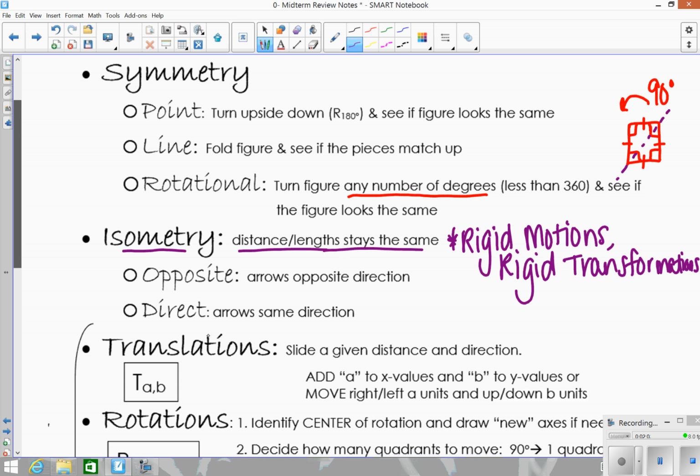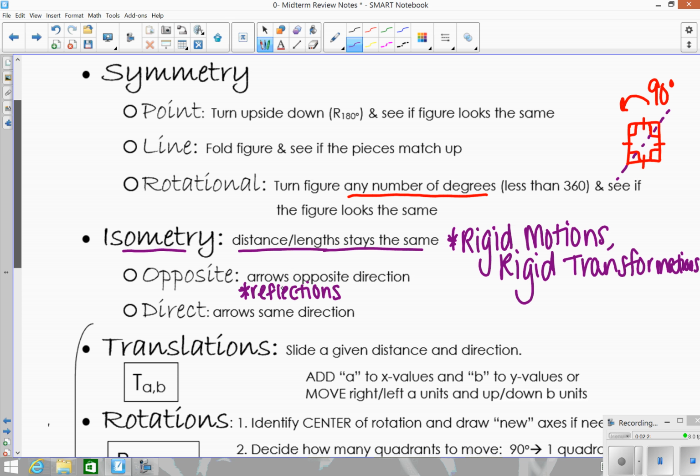Then we have two different types of isometries: opposite isometry versus direct isometry. Opposite isometry only occurs if reflections occurred. Reflections are opposite isometry because the order of the letters gets switched. This is where I would look at a figure and draw on arrows in alphabetical order and then compare the two sets of arrows.